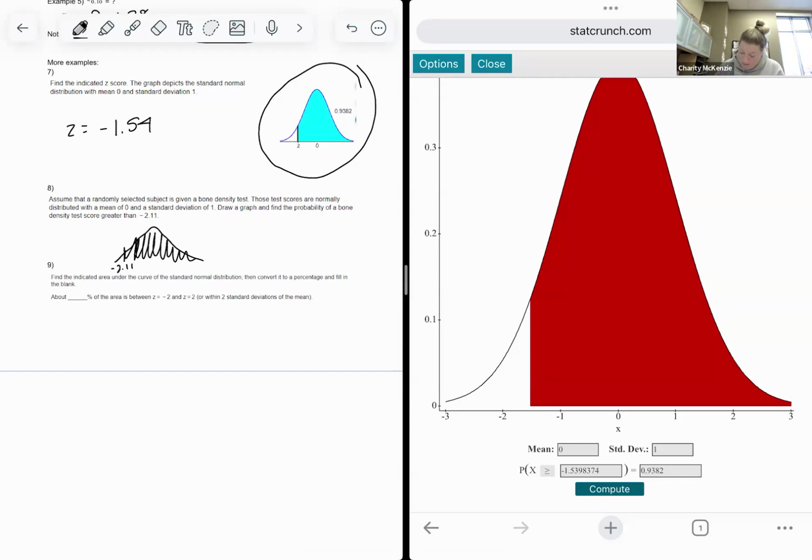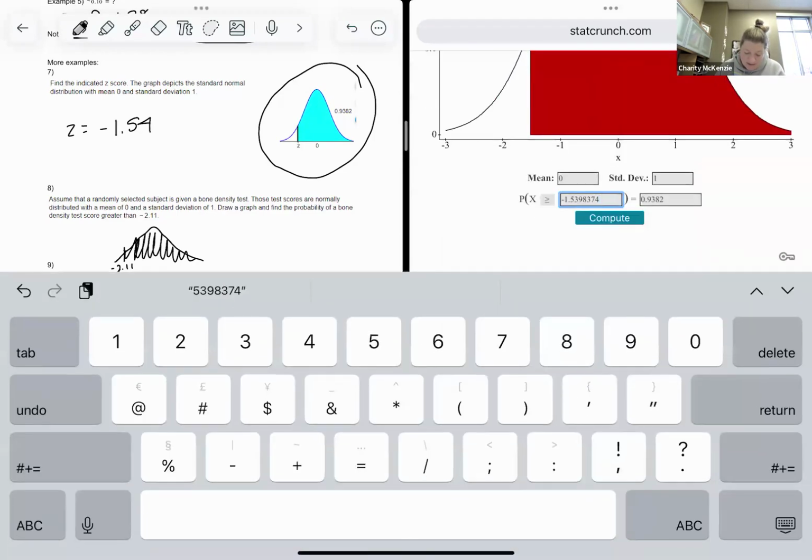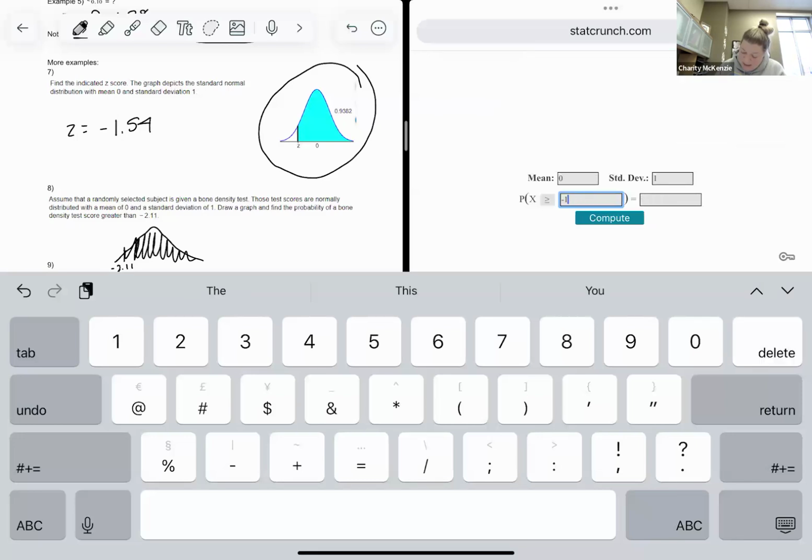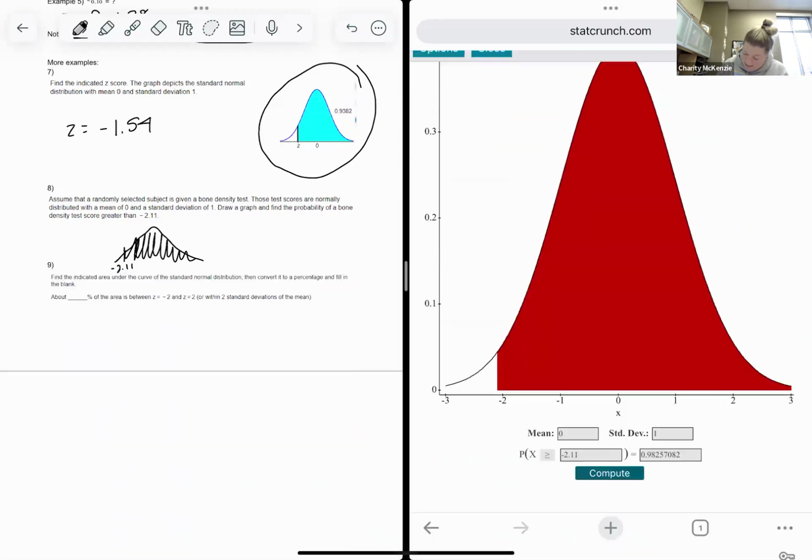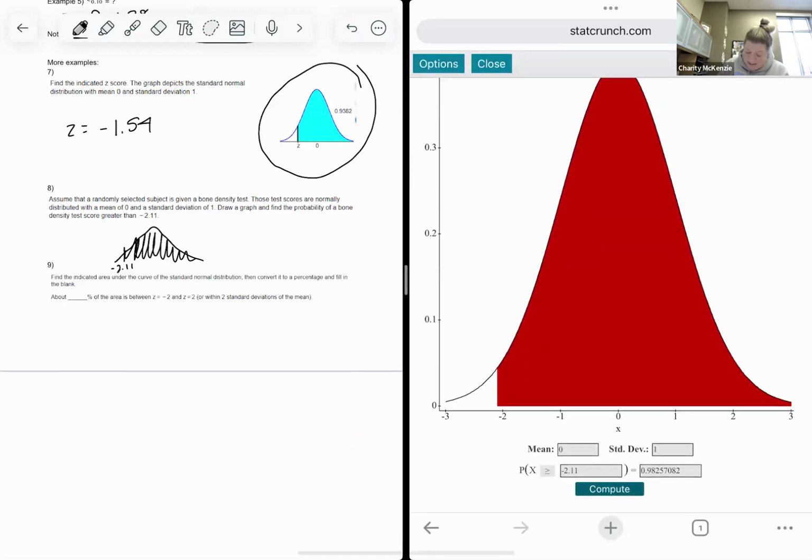We are given a bone density score of negative 2.11. What's that probability? Greater than that, it's 0.98526 actually, 0.9826 rounded, right?